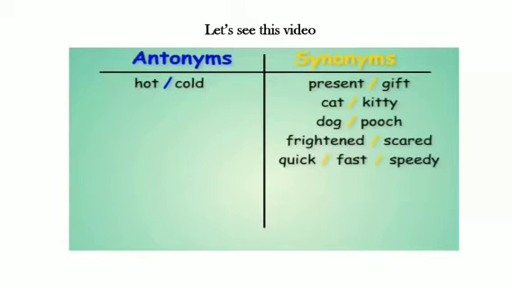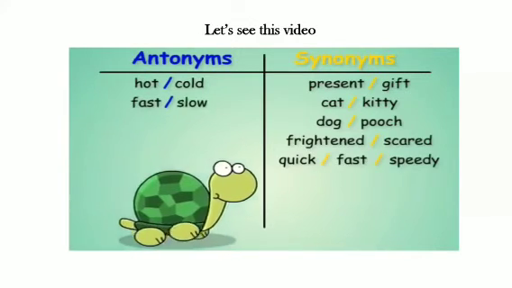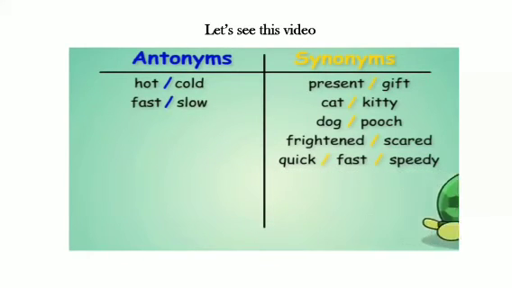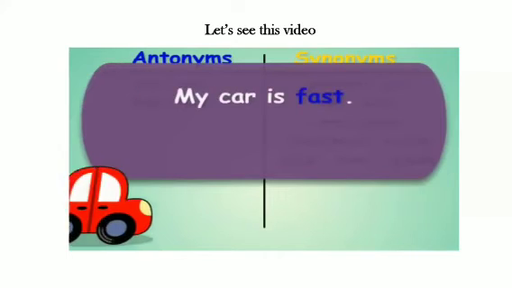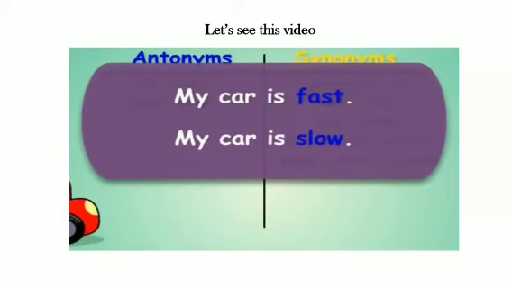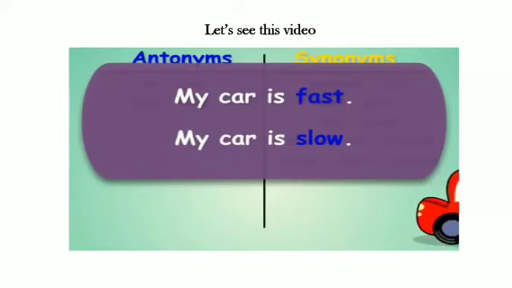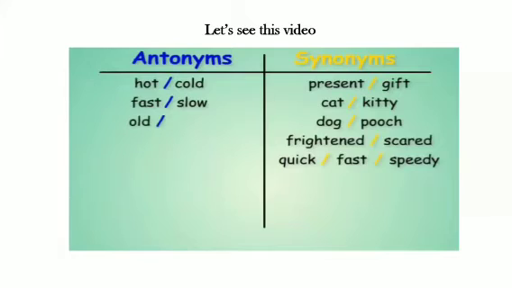What about some antonyms, or words with opposite meanings? Does fast have an antonym? Yes, slow. Slow is the opposite of fast, so they are antonyms. If you said, my car is fast and my car is slow, you'd be saying two very different things, opposite things. How about old? Does old have an opposite? Yep, young. Young and old are antonyms. Does new have any antonyms?